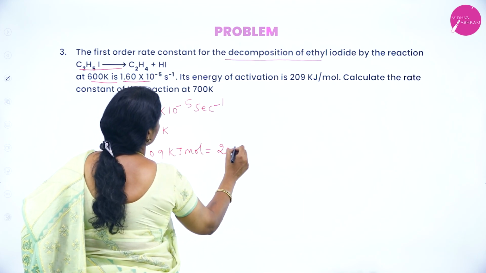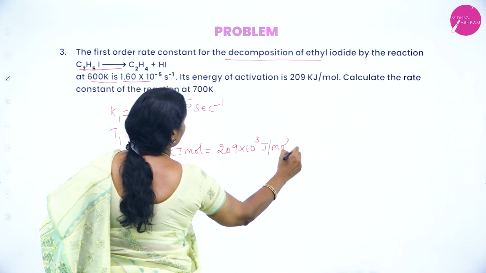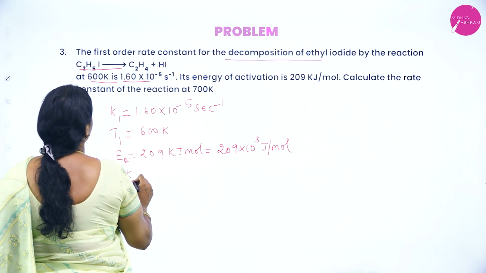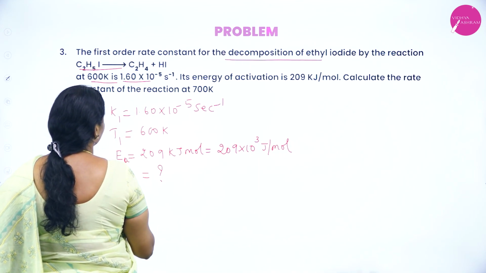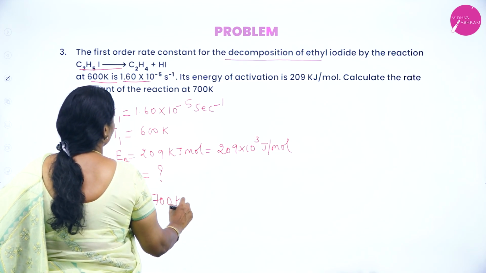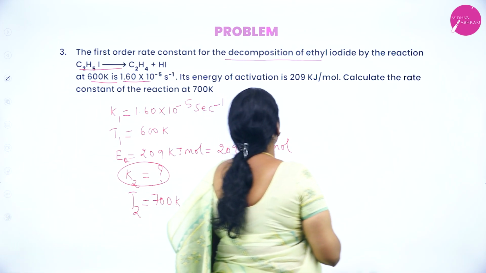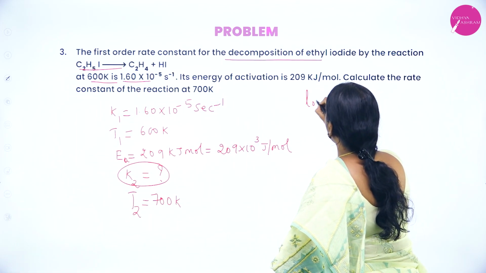If you convert, it is 209 into 10 to the power of 3 joule per mole. Rate constant at 700 Kelvin, you have to find out K2. T2 is 700 Kelvin. Here you have to calculate K2. What's the formula you have?